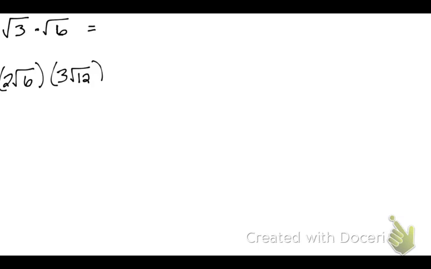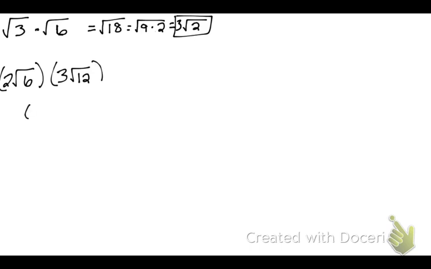Square root of 3 times the square root of 6 would be the square root of 18. But since 18 is 9 times 2, this would just simplify down to 3 times the square root of 2. What about the next one? I'm going to work down.